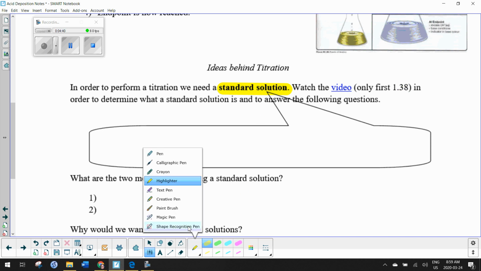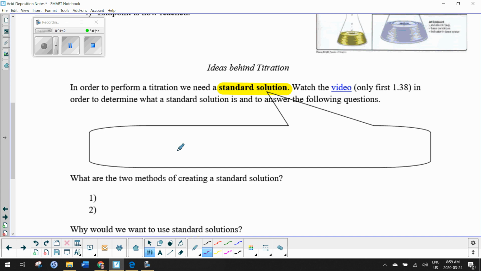Again, just to make things simple, I am going to summarize it. A standard solution is a solution with a known concentration.